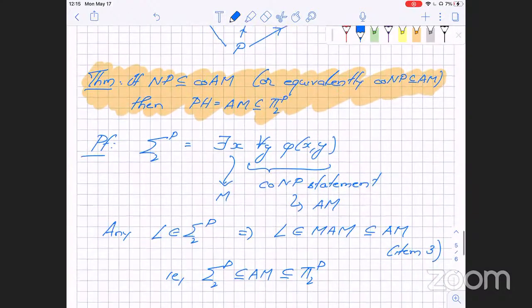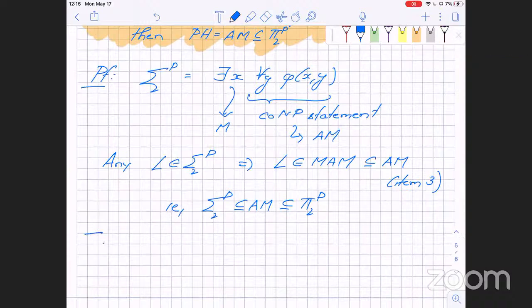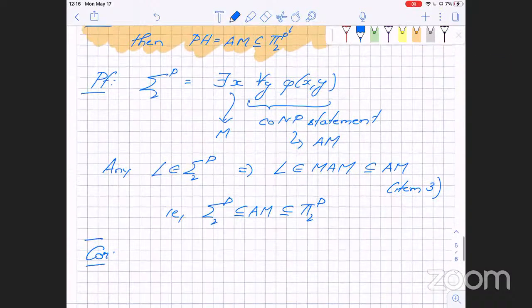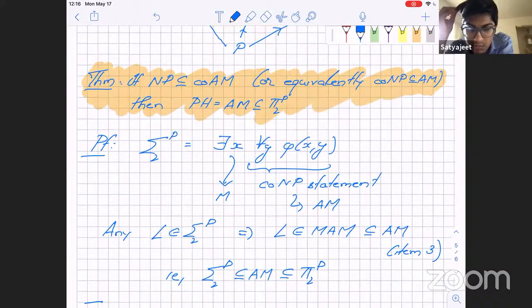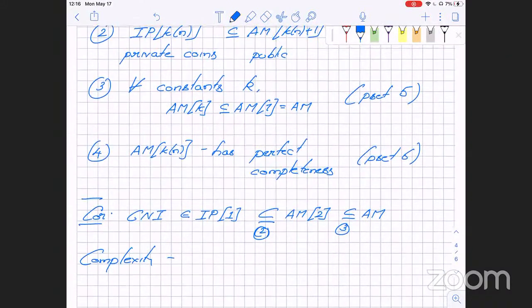Yeah. But this is a remarkable theorem. I still didn't get why MAM is a subset of AM. Anything with a constant number of rounds collapses to, is always contained in AM. MAM is also a constant number of rounds. You can think of it as AM with 2 rounds, where the first round is a useless round.